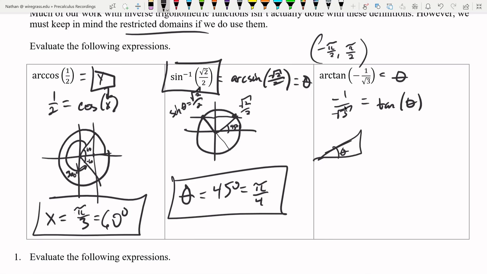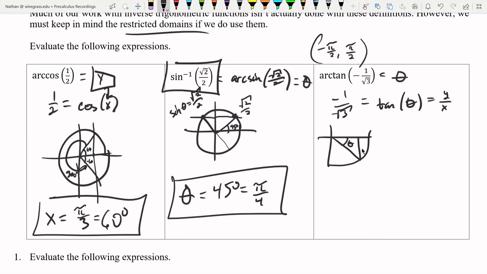Theta, and then, right, this is y over x. If it's in this range here, it can't be in 0 to pi over 2 because 0 to pi over 2 has only positive values of tangent. So it has to be in the 0 to negative pi over 2. So this should actually be in the fourth quadrant. That's the only way we can get negative values of tangent on this restricted domain.